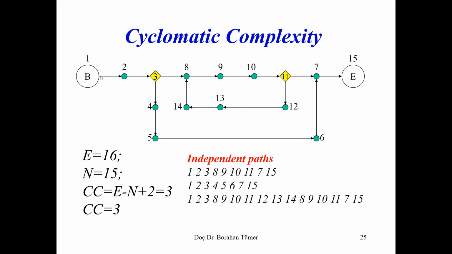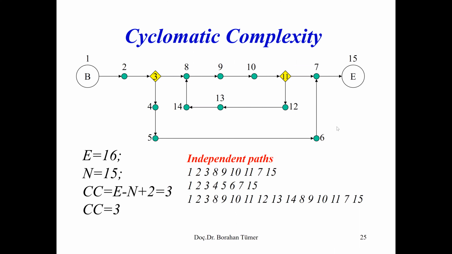Another one is 1, 2, 3, 4, 5, 6, 7, and 15. And the last one is 1, 2, 3, 8, 9, 10, 11, 12, 13, 14, 8, 9, 10, 11, 7, 15. So we have three linearly independent paths.